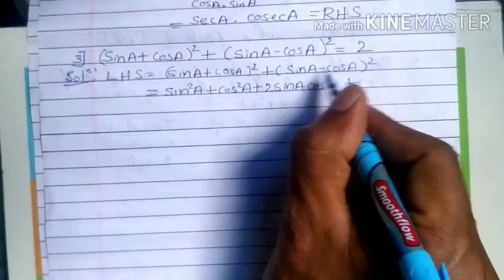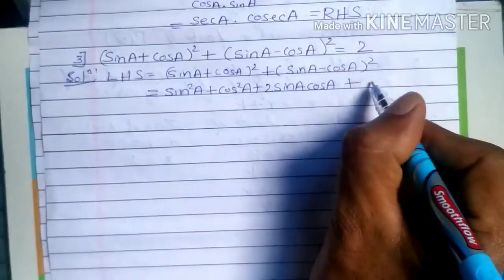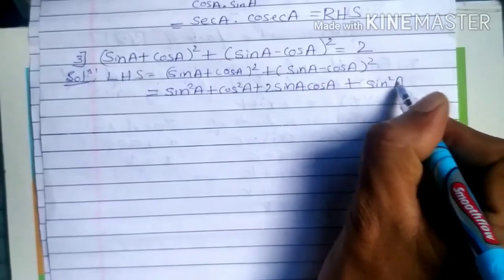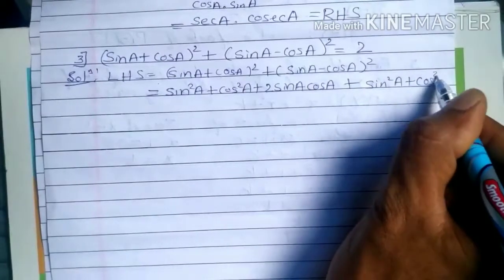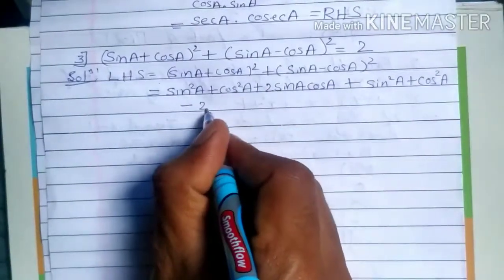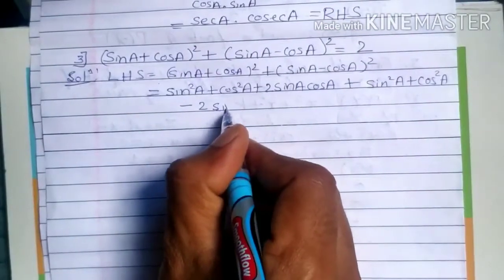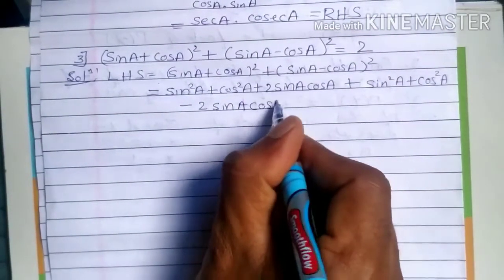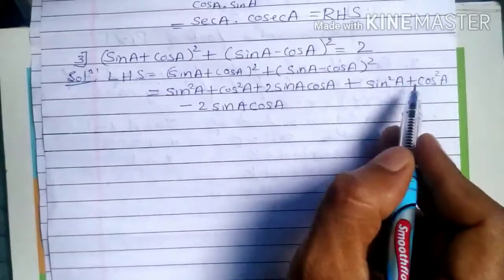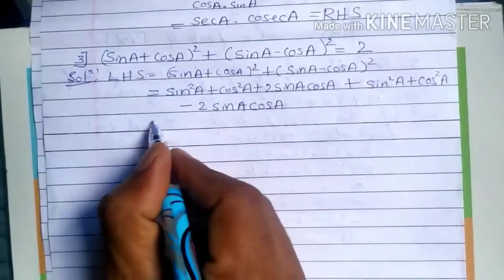Similarly, applying A minus B to this, A square plus B square, then minus 2 into A into B. Okay, A minus B whole square is equal to A square plus B square minus 2AB, applying that formula.